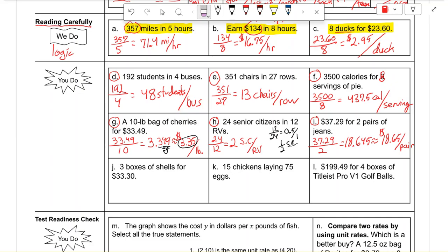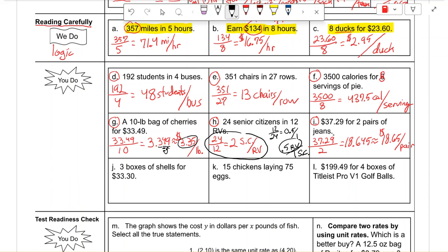I'm sorry, not a half. We got them upside down. That means right there a half a RV per 1 senior citizen. So how would a half of an RV work? A half of a motorhome? I don't think that would work too well. So that's why you got to make sure you read them very carefully and that they make sense.